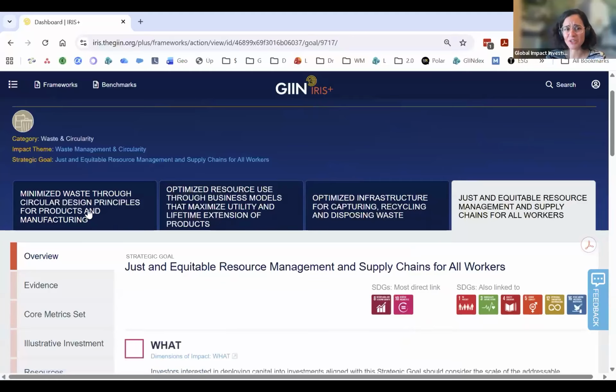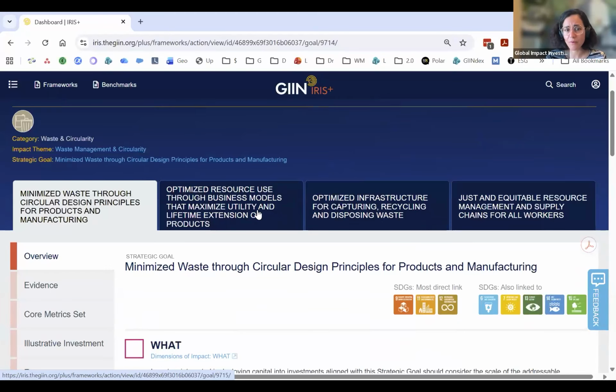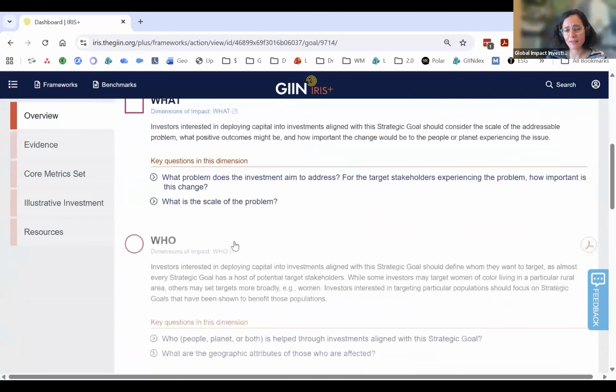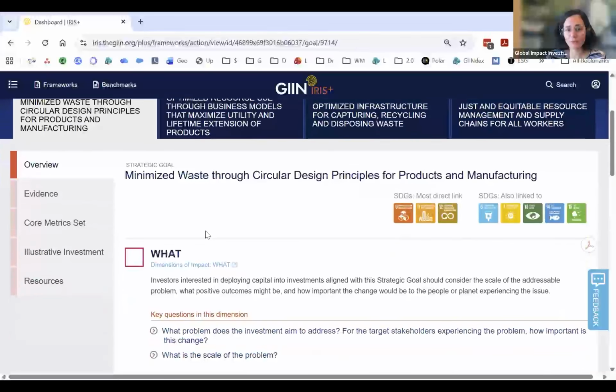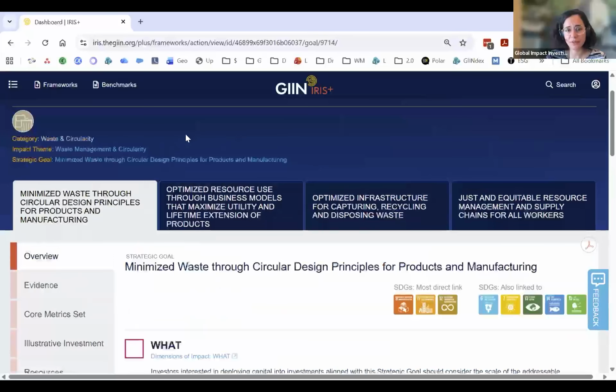Just in terms of logistics, you click on one of the bookmarks, and then you're in the area where you see the content for this strategic goal. We will come back here as well, but I wanted to just give you this initial view of how the website looks. Are we okay so far?